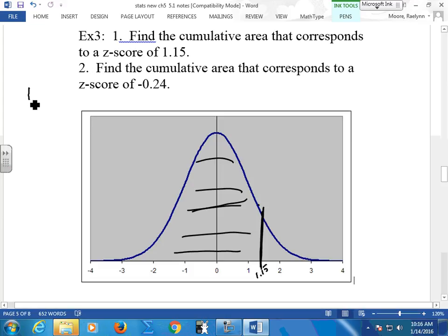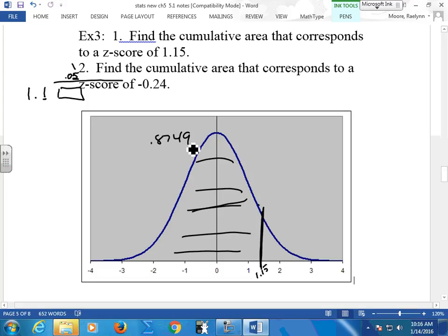You're going to find 1.1. You're going to come across the top to 0.05. This is where your hundredths is. This is your tenths. This is your hundredths. You're going to pull out that area for me. So what is that area? .8749, right? Everybody got that? Okay.